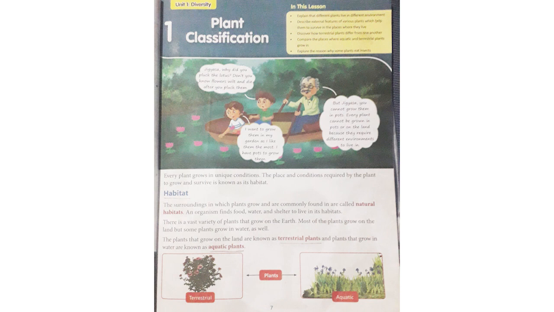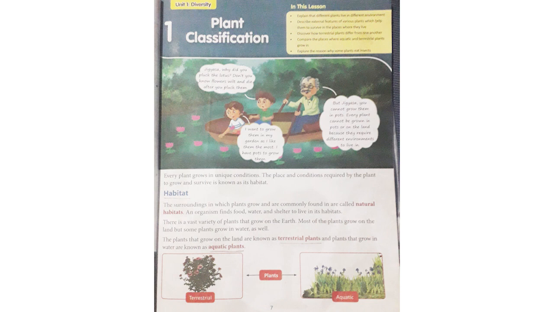We all know that a variety of plants are there on the earth. Most plants grow in water and most plants grow on land. So students, the plants are divided into two categories: terrestrial plants and aquatic plants.